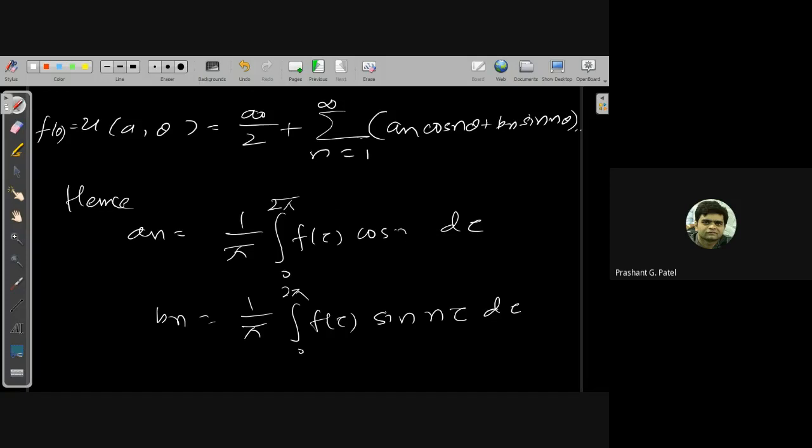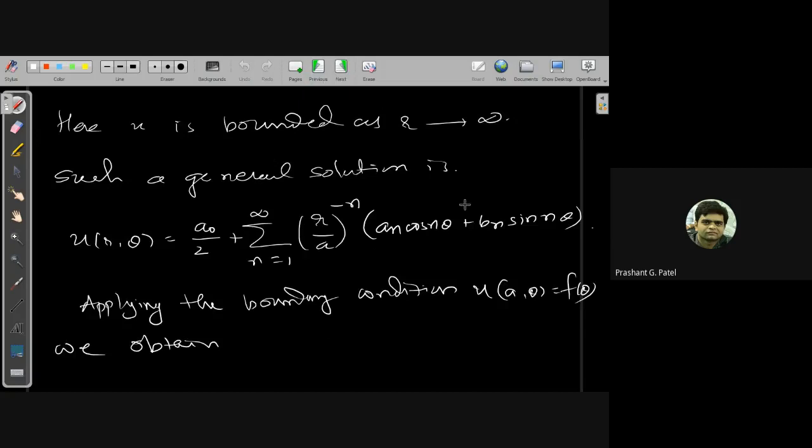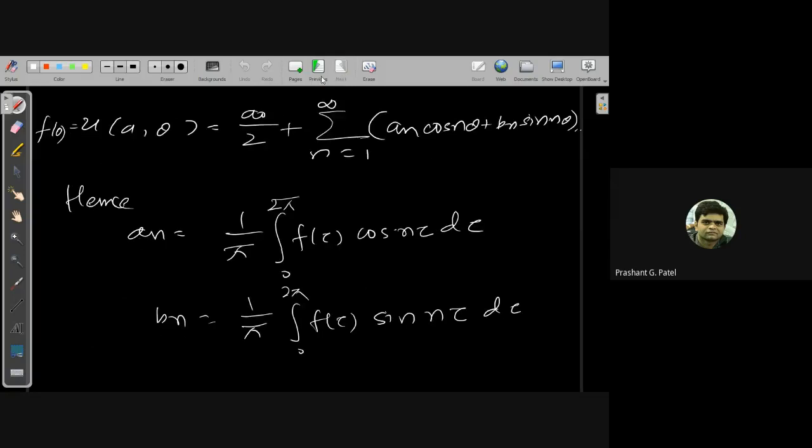So this will be the value of an and bn we get. And as you recall from my previous lecture, where we got the Poisson integral formula using this solution, in a similar argument, as we discussed in the Dirichlet problem for the interior of a circle, in the same manner, if you substitute the values of a0, an and bn into this and simplify the entire thing, we will achieve the solution.